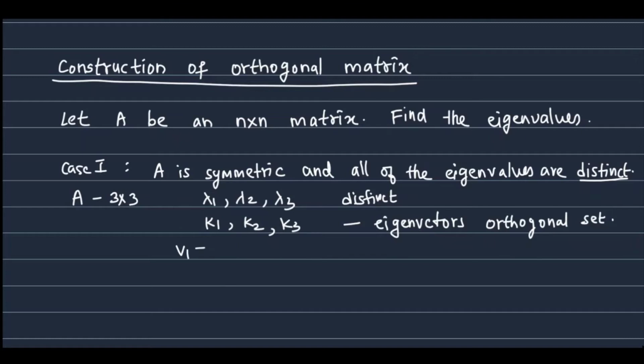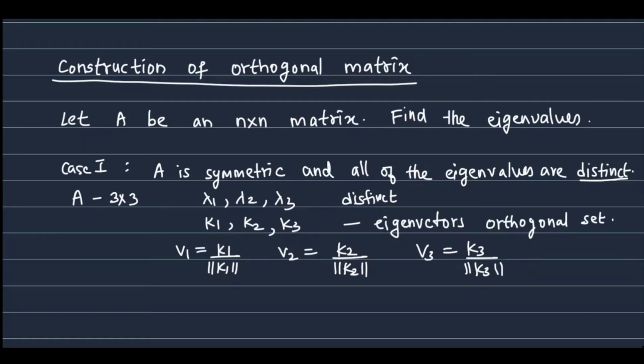So let v1 equal k1 divided by norm of k1, v2 equal k2 divided by norm of k2, v3 equal k3 divided by norm of k3. When we divide a vector by its norm, its length will be 1. Now what is the norm of v1? It is norm of k1 divided by norm of k1, since the norm is a constant, so it will be 1.